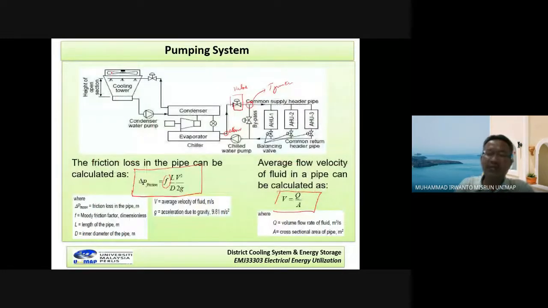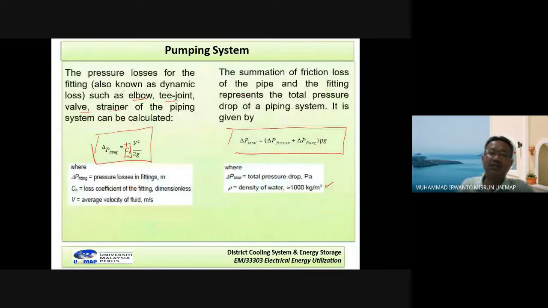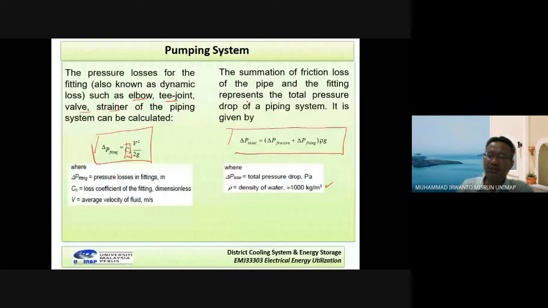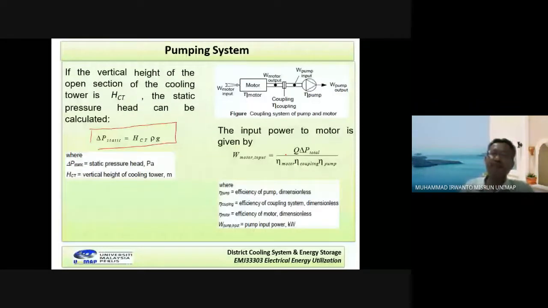So the head multiplied by rho g we can also call the static pressure head of the cooling tower. This is given by delta P static equal to the vertical head of the cooling tower multiplied by rho g. Rho is the water density, given by 1000 kilogram per meter power 3.